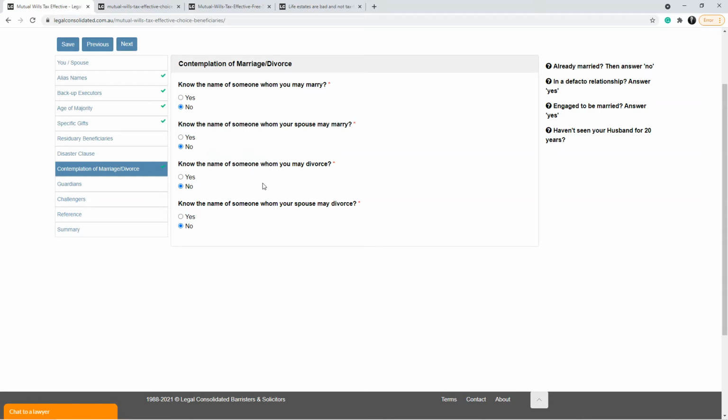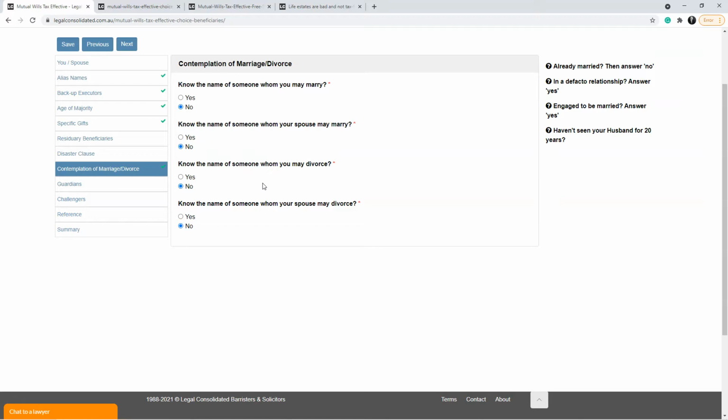Let's now say you're on a romantic holiday in Wagga, in the Botanic Gardens, very beautiful, and your partner magically pulls out a marriage celebrant and you get married. Your will is now revoked because in all states and territories right across Australia, marriage revokes a will, which means now you've got no will.